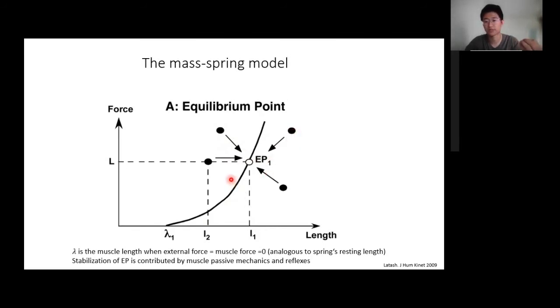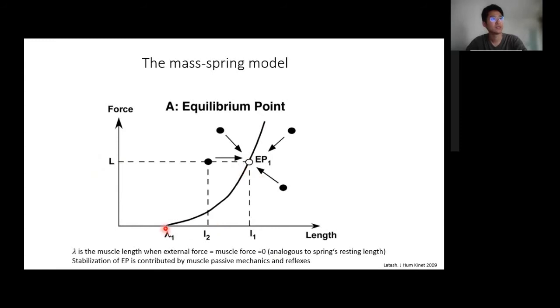And that is the characteristic of the human motor system, for example the stretch reflex and many other reflex mechanisms. So it is kind of stabilized within a posture. Also, if the muscle length is smaller than the resting length, there will be no force. The force will be zero. And in the static case, since the muscle balances the external force, this force represents both external force and muscle force.